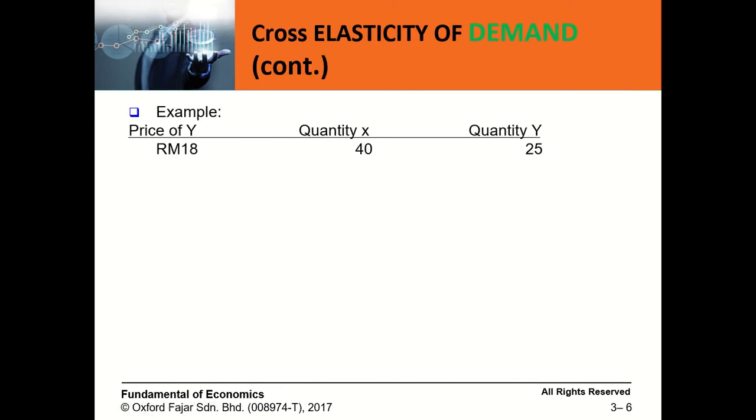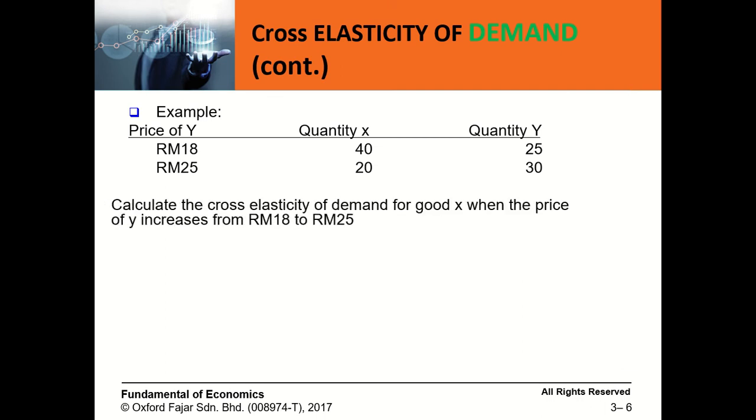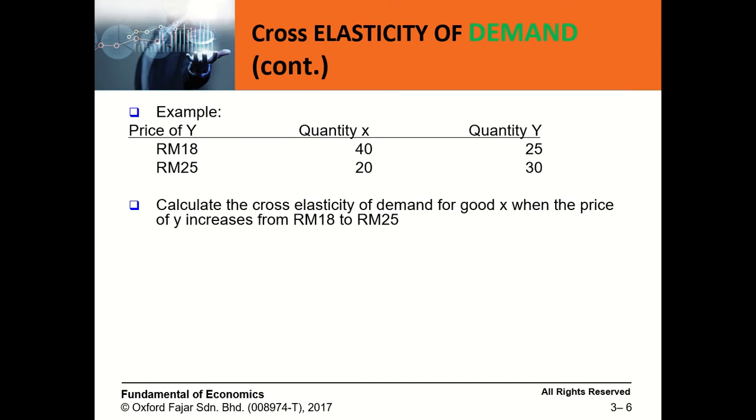Here is an example of cross elasticity of demand. The question says: calculate the cross elasticity of demand for good X when the price of good Y increases from 18 to 25. So you can see that the price increases from 18 to 25, meaning RM25 is the new price of good Y, and 18 represents the old price.